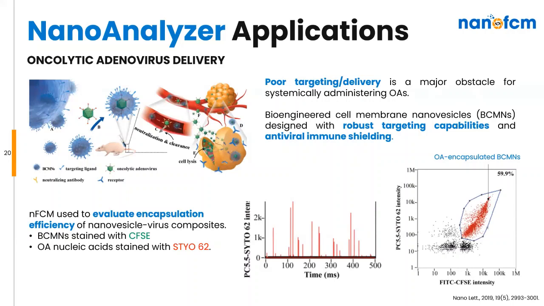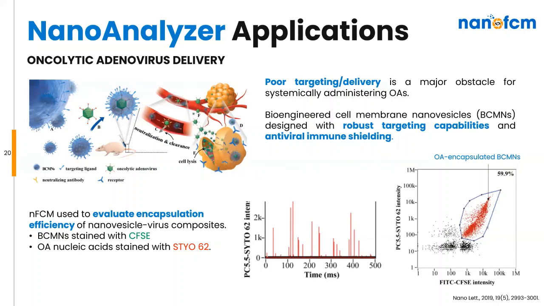So the next couple of slides show some examples of dual staining in published literature. And to start off with something slightly different, we're going to be looking at utilising EV components to deliver adenovirus. So oncolytic adenoviruses, whilst having strong cancer-destroying potential, often suffer from degradation and removal by host immune responses.